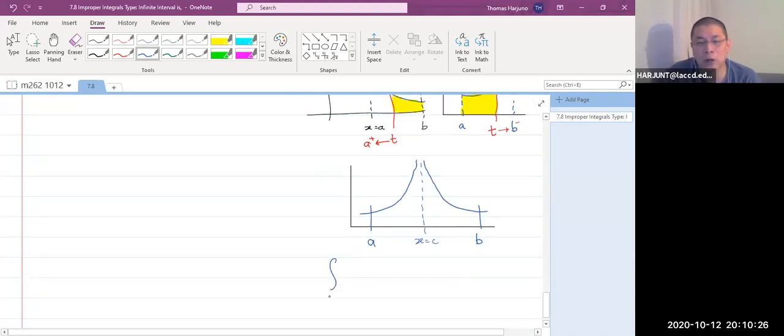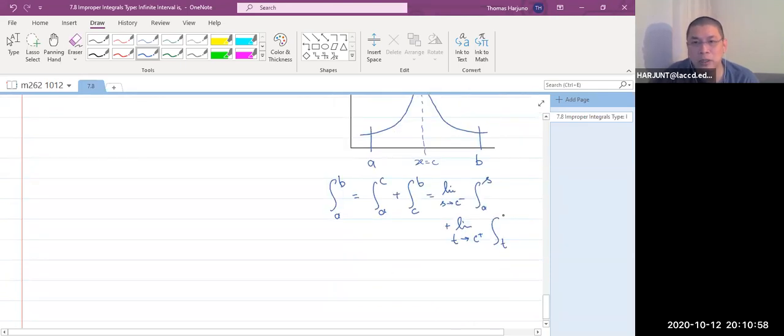The integral from a to b, you will break into the integral from a to c plus the integral from c to b. And that equals the limit as s goes to c from the left-hand side of the integral from a to s, plus the limit as t goes to c from the right-hand side of the integral from t to b.